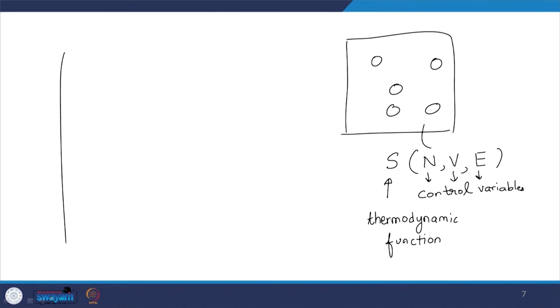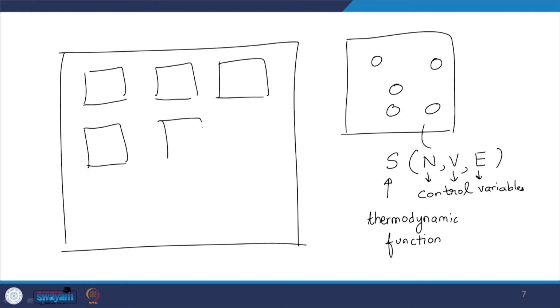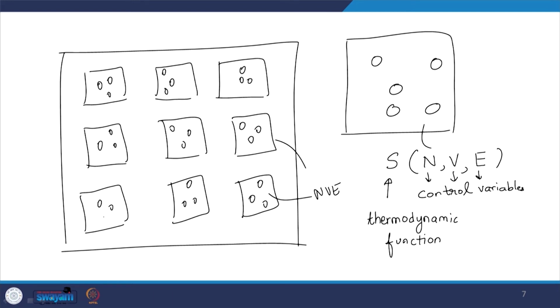So, essentially we can imagine that we have many systems that are present which are having the same N, V and E. So, all of them can have the same NVE, but they can have different energy distributions or even different positions of molecules among them, and all of them will refer to the same system at NVE.